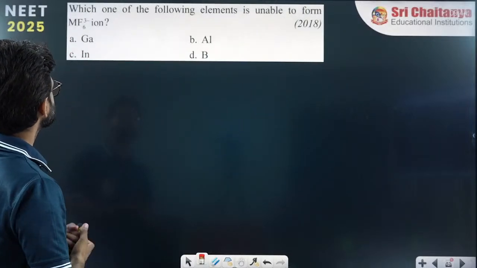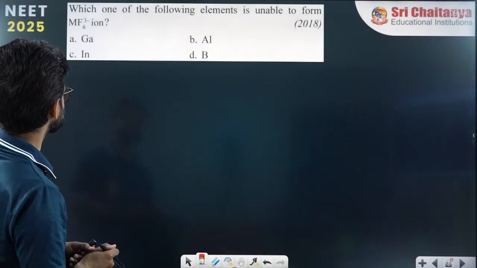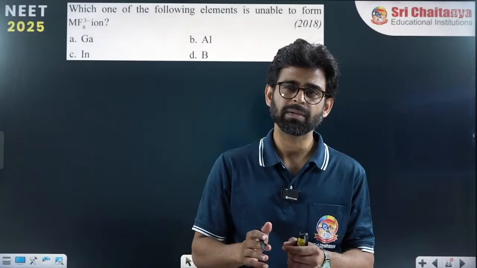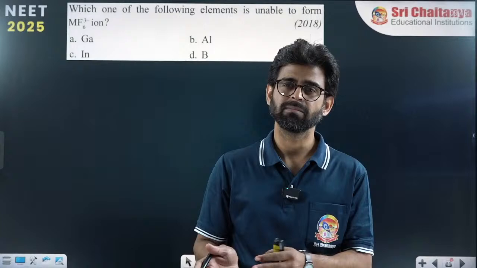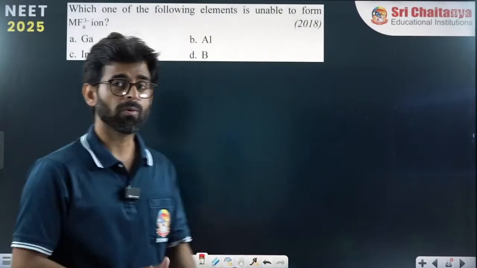Which among the following elements is unable to form MF6 3 minus? We should know that second period elements can't have more than 4 covalency. They can't make 6 bonds. Second period elements like beryllium, boron, carbon, nitrogen cannot make more than 4 bonds.